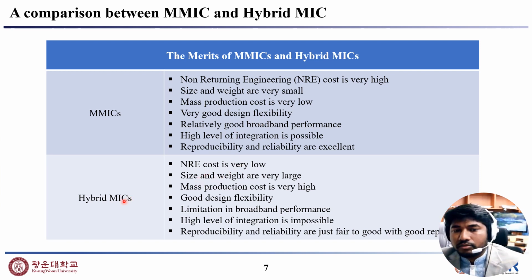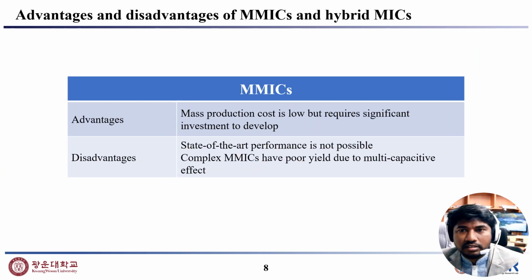Whereas for hybrid MIC, cost is very low, size and weight are very large, and mass production cost is very high. So MMIC has some advantages and disadvantages, and hybrid MIC also has some advantages and disadvantages.